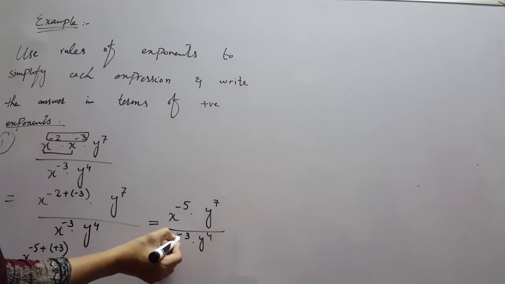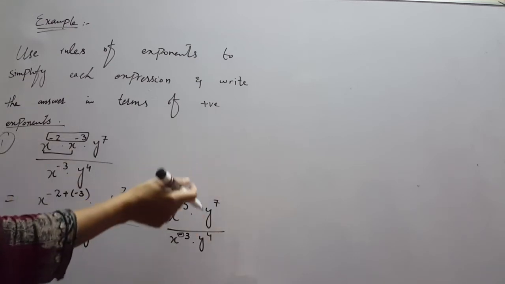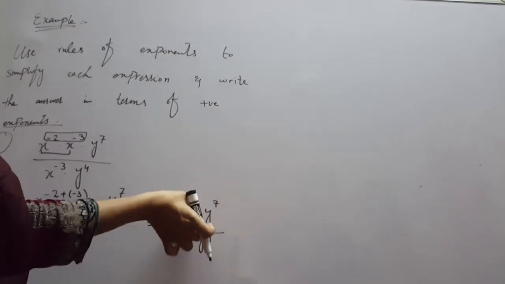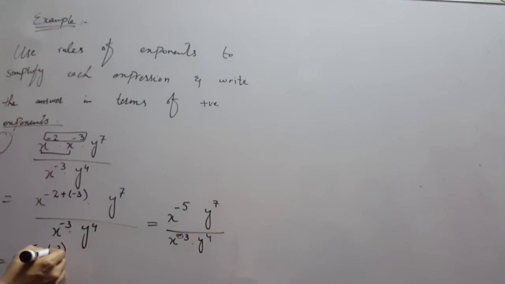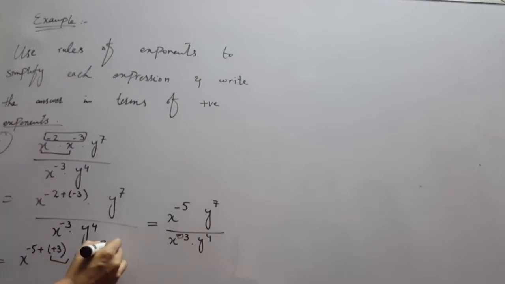Because when the power is minus, the minus becomes an add. And y raised to power 7 minus 4.